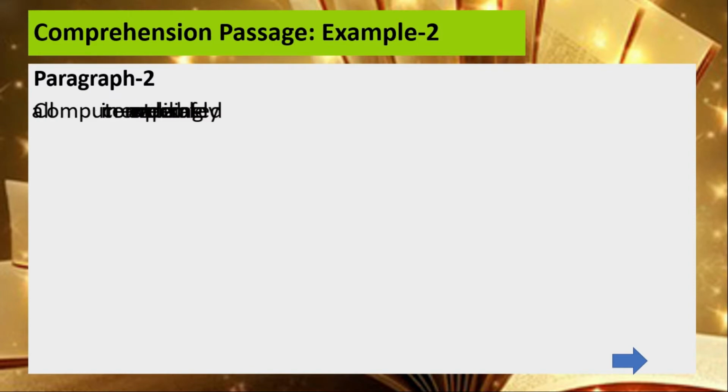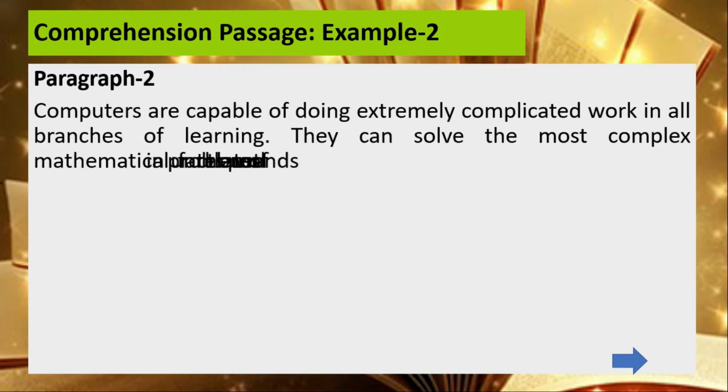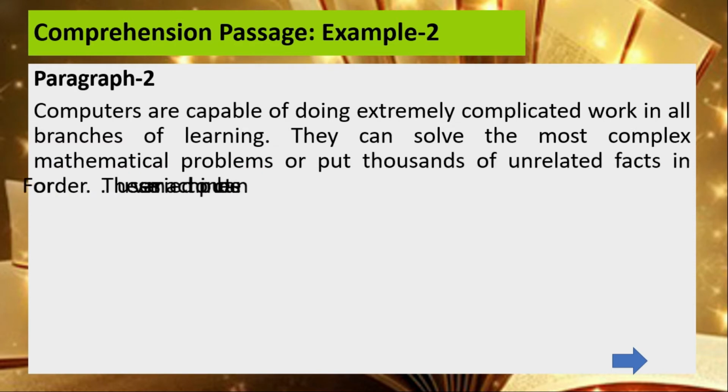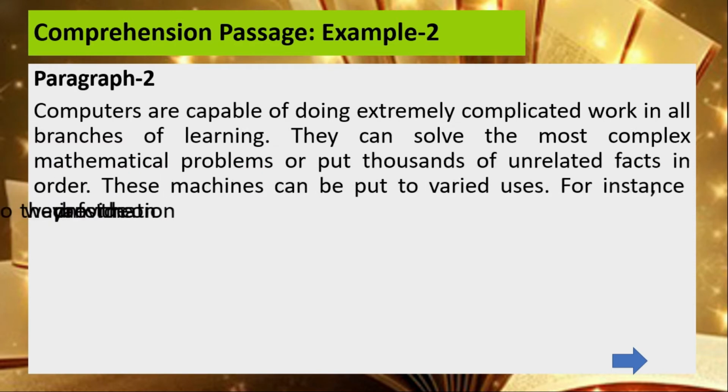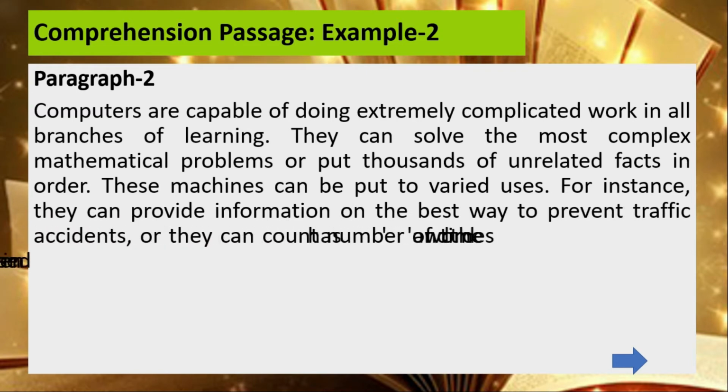In the second paragraph it continues: computers are capable of doing extremely complicated work in all branches of learning. They can solve the most complex mathematical problems or put thousands of unrelated facts in order.